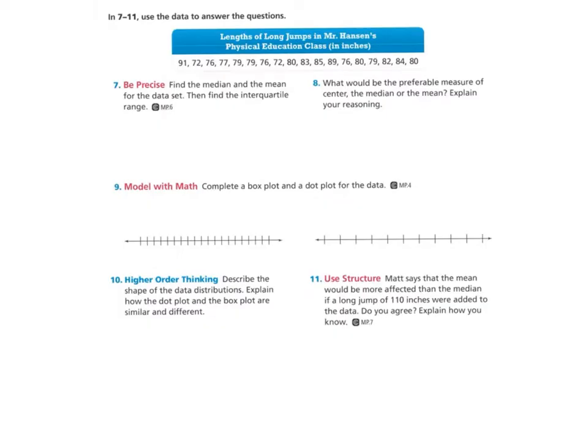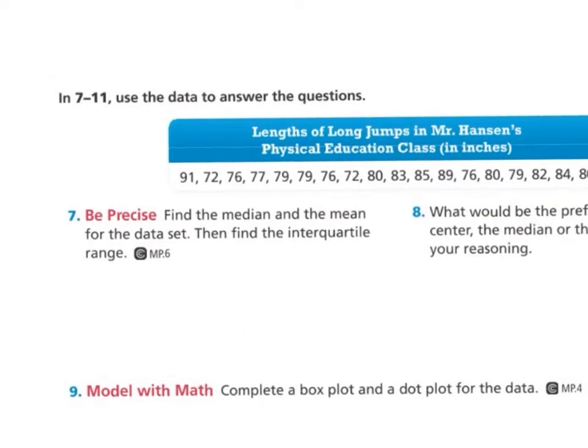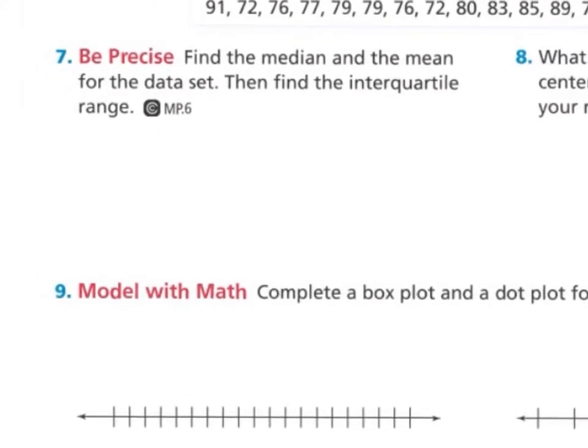We look at the next part here. It says in 7 through 11, use the data to answer the questions. Number 7, they're asking us to find the median and the mean, and then find the interquartile range. That'd take a little bit of time for us to do with all the numbers. So just recall, if you're going to find the median, first thing you need to do is put the numbers in order from least to greatest, okay? And then find either the middle number or the average.